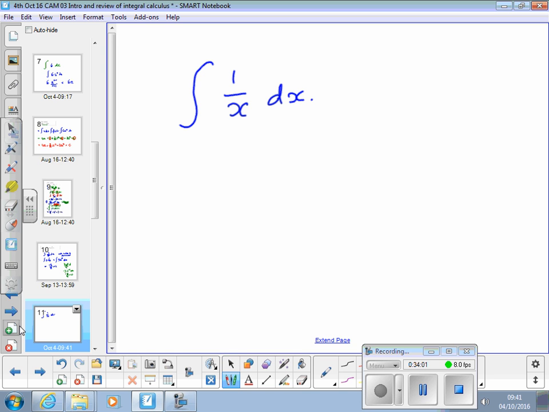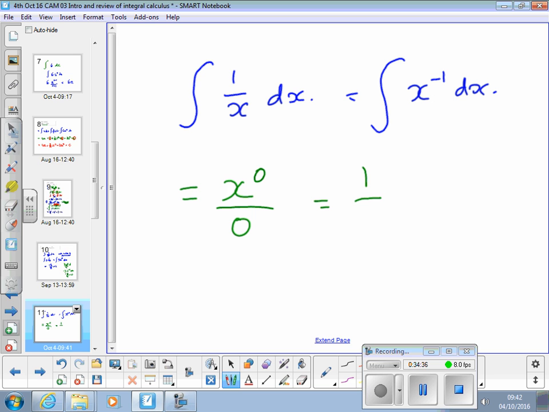So we'd write that as x to the minus 1, and then we'd start to do this. We're going to have x, we're going to add 1 to the index, so that becomes 0, and we're going to divide by the new index. That's equal to 1 divided by 0. What happens if you put that in your calculator? You get an error.